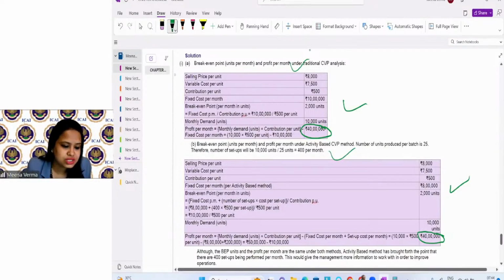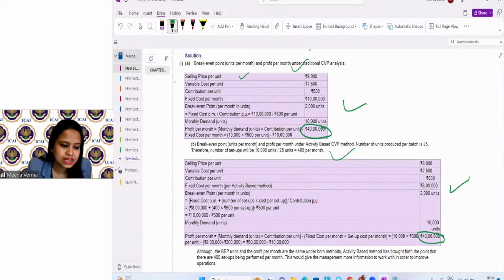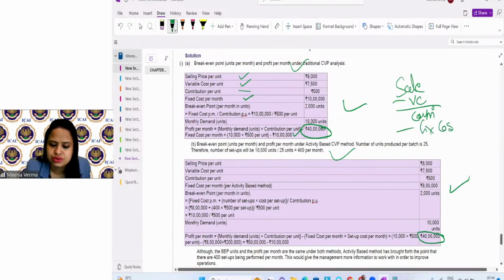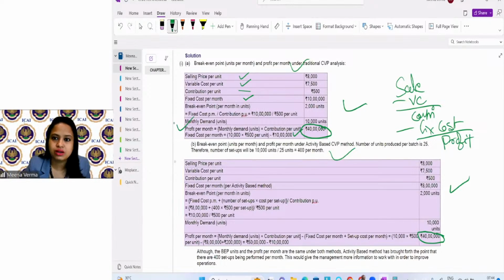You can see how they have calculated: sale minus variable cost is contribution. From contribution, they have subtracted the fixed cost and they got the profit. They have done the same thing.